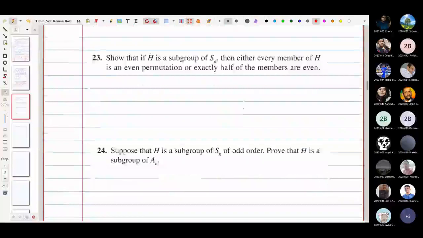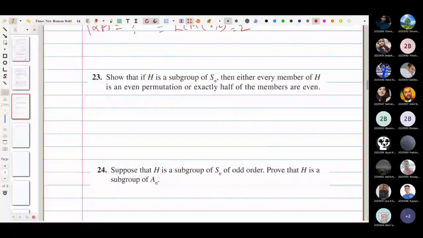Next, question number 23. It says that if H is a subgroup of Sn, that is, they are talking about any subgroup H of Sn, then either every member of H is an even permutation, or exactly half of the members are even permutations.